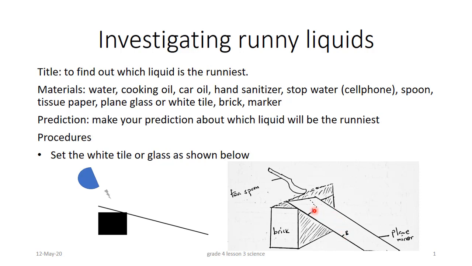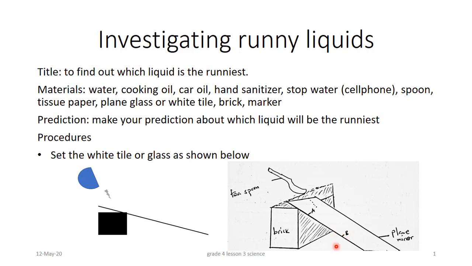Let the liquid flow from point A to point B. The moment it reaches point B, you switch off your phone, and then you take the reading. You record it in the box that you are going to find on one of these slides.